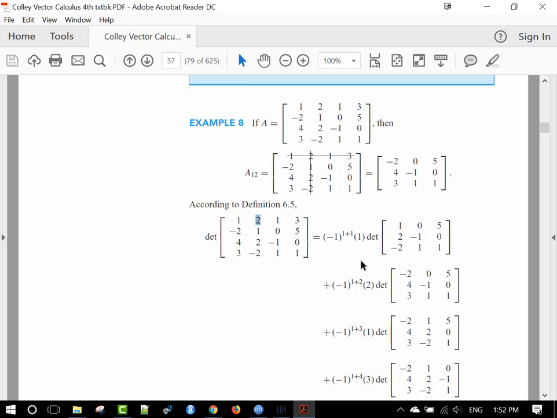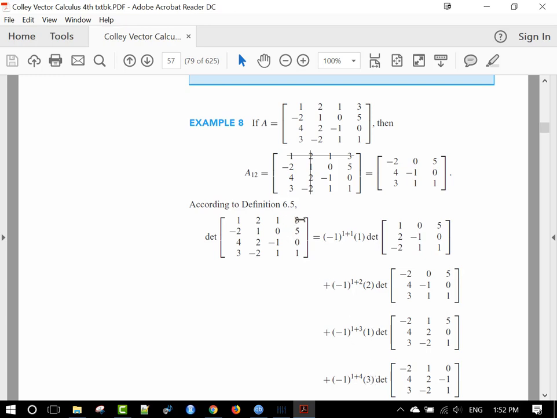The A12 item was here. This is the submatrix. We're going to take the 2 times that, this 2. Then this was the A13. So that was the A13 matrix. We're going to take this times that, which is the 1 here. And then the A14, this matrix here, which is here.